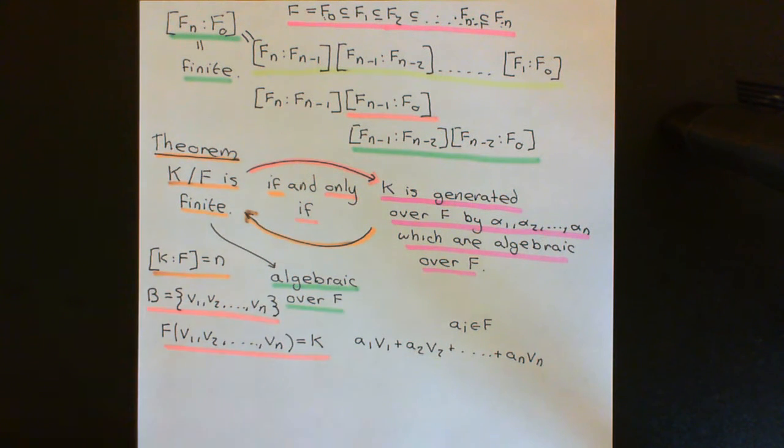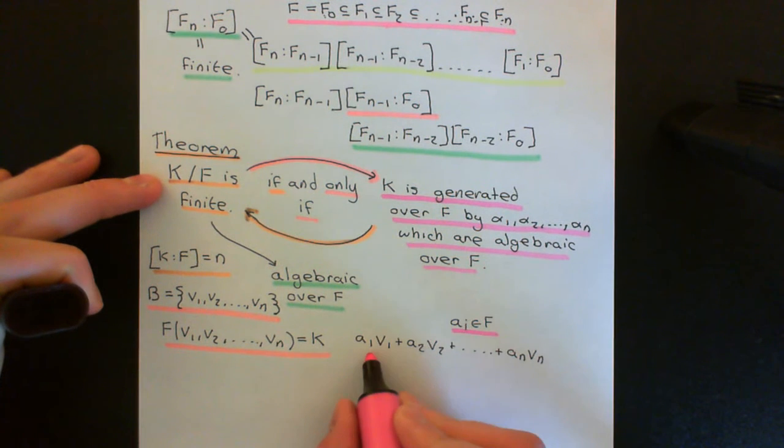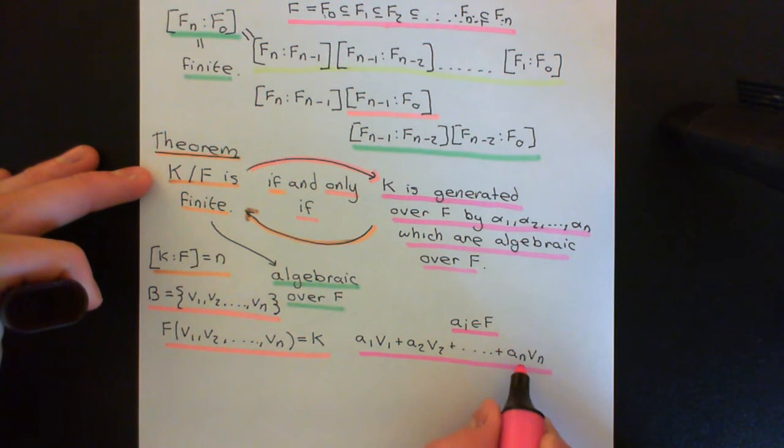Now of course if I evaluate that at v1, v2, all the way up to vn, I'll get something of this form.